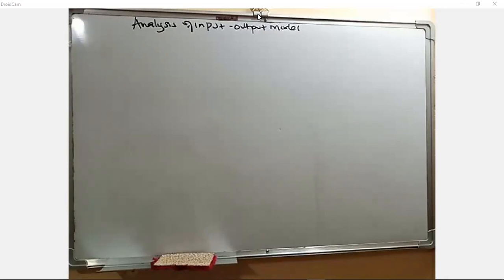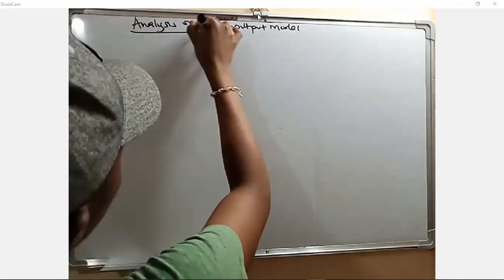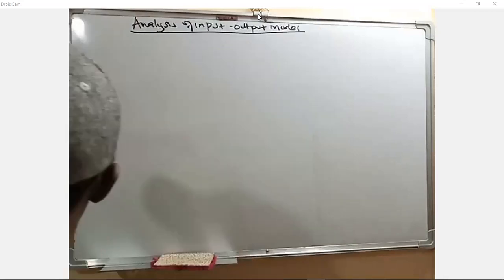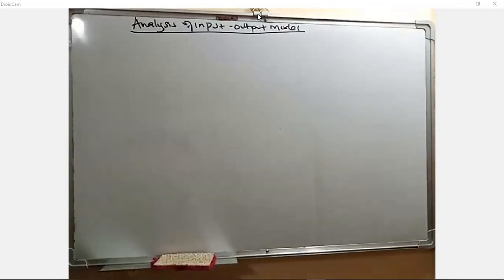So if you look at it in a production way, when we are talking about the total input, the total input and the total output are equal. So what is being injected for production is what you get.